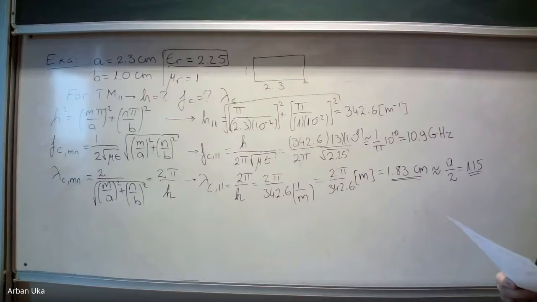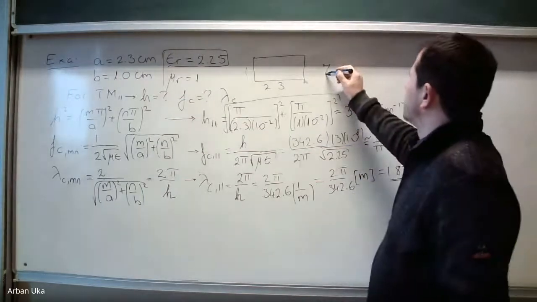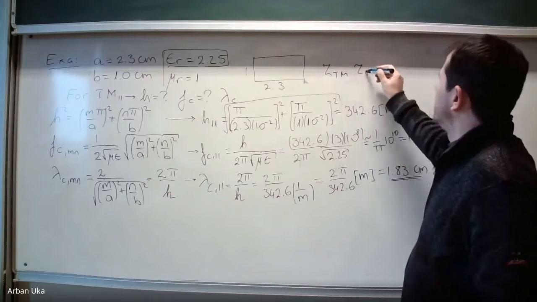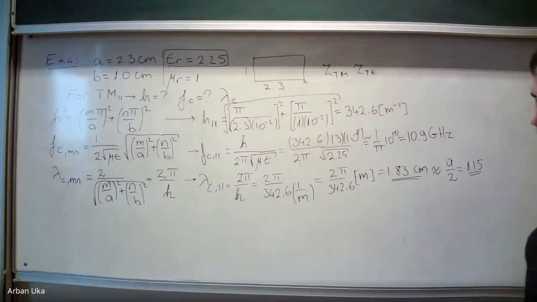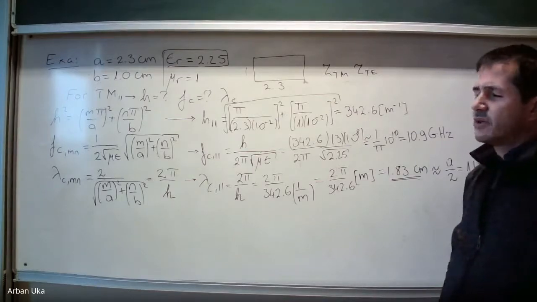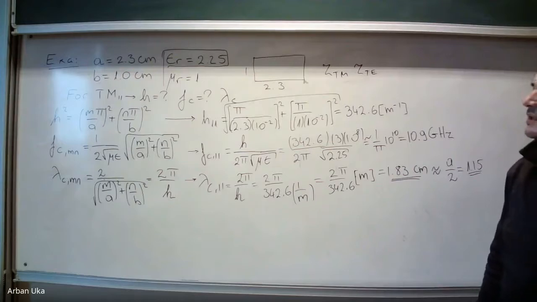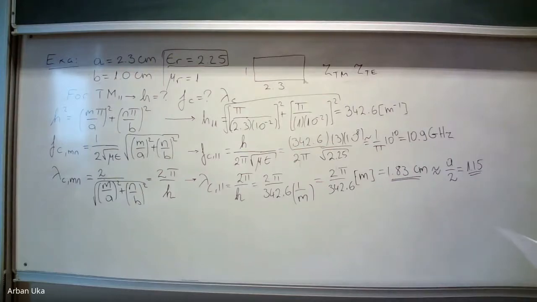So these are important parameters for this specific wave, and then what we can ask is, given these, we can also determine what is the impedance. I got confused with intrinsic impedance.